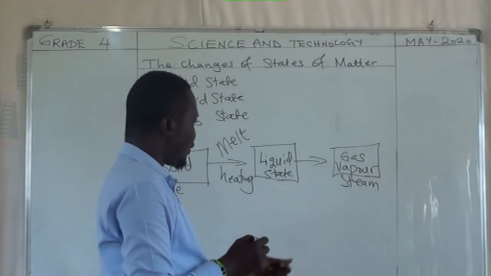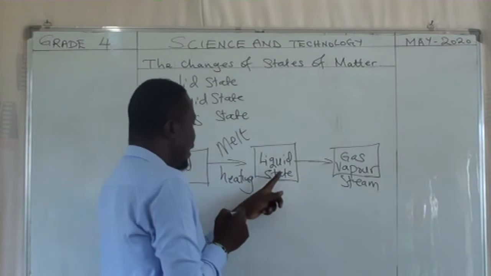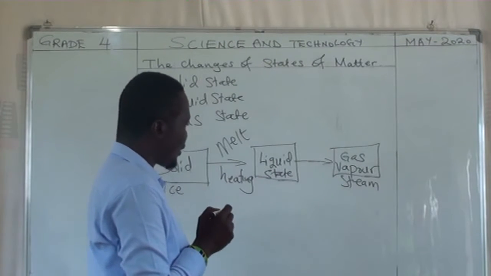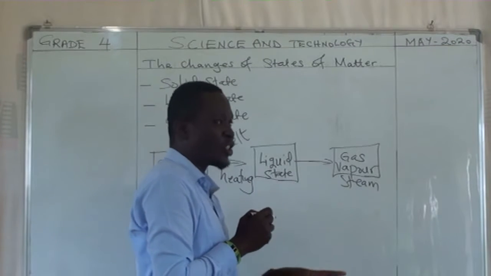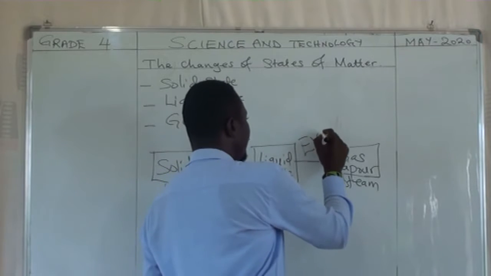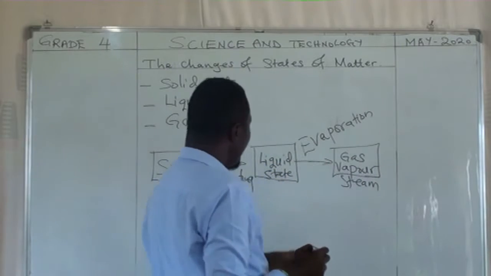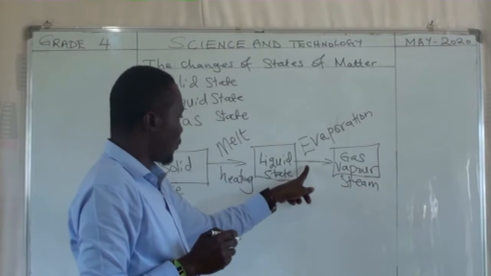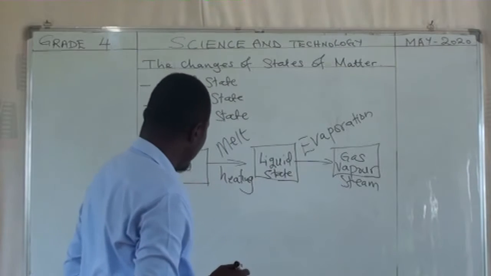Then, how do we call the process by which the liquid state of water changes into the gas state? This is known as evaporation. You heat the liquid so that it evaporates.